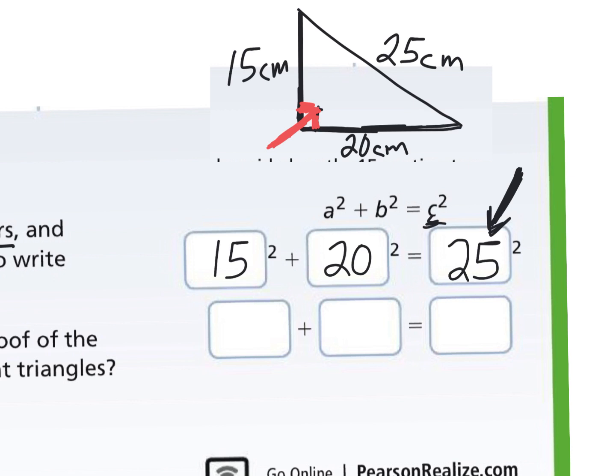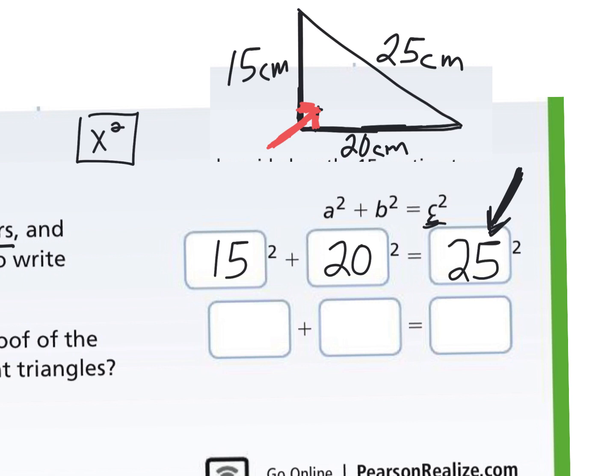So what we could do at that point is actually work this out and verify that this works. So 15 squared is 15 times 15. Also, on your calculator, there's an x squared button just to the left of the 7.